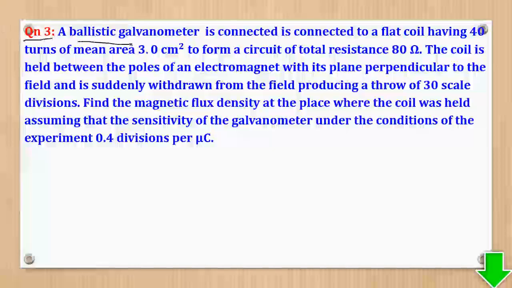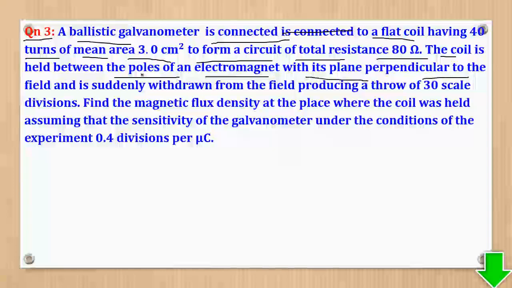Then question 3, a ballistic galvanometer is connected to a flat coil having 40 turns of mean area 3 centimeters squared in form of a circuit of total resistance 80 ohm. The coil is held between the poles of an electromagnet with its plane perpendicular to the field and is suddenly withdrawn. You see that word?